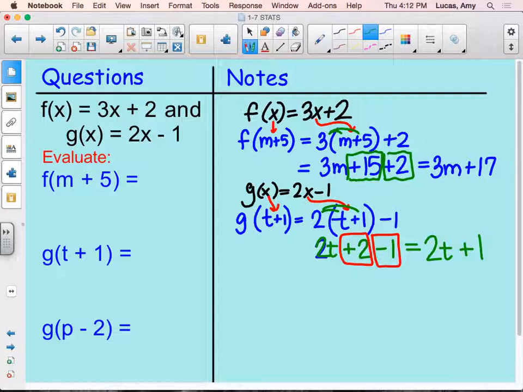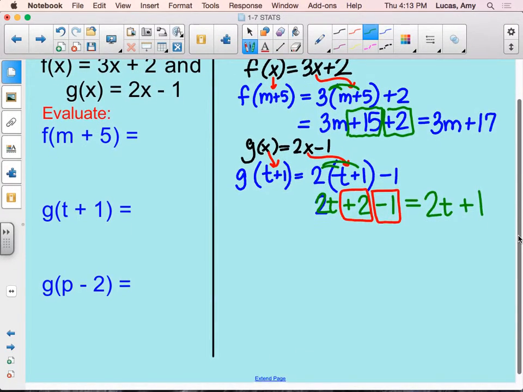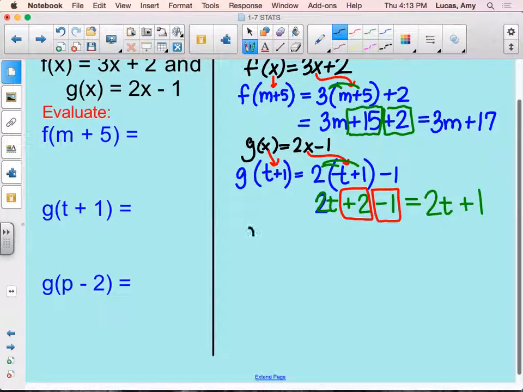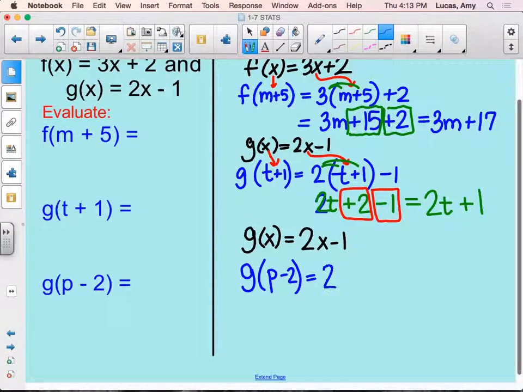And the last one, staying with g of x. So g of x equals 2x minus 1. And I'm substituting now p minus 2. So p minus 2 for each of my x's. Distribute.